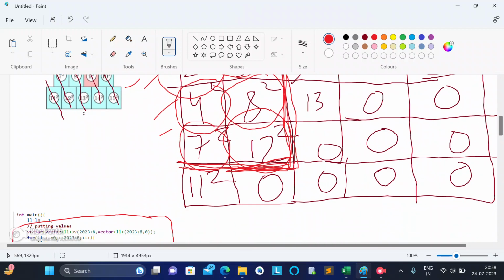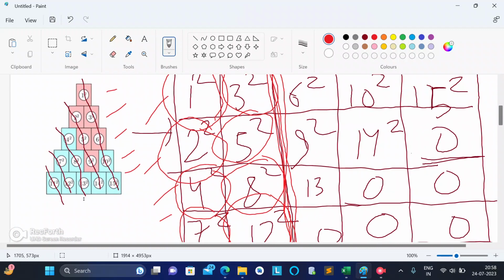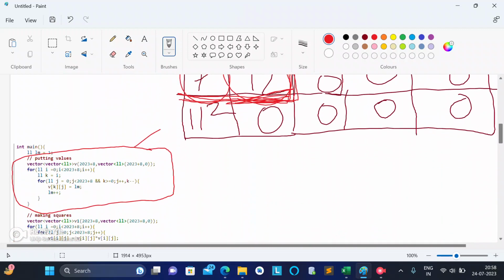So we actually need 5 rows and 5 columns. In this question we are given 2023 rows, so we will actually require 2023 rows and 2023 columns, and I have initialized them with 0.